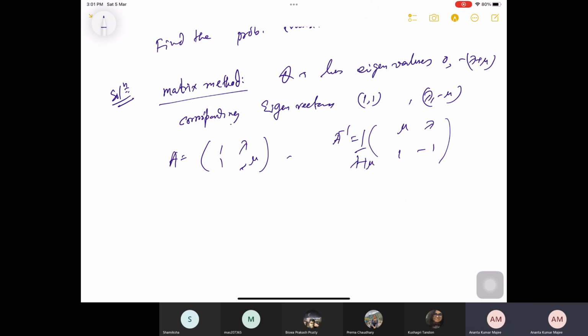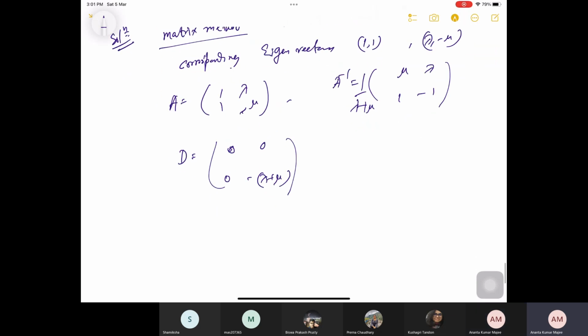Then what is your D now? D should be the diagonal matrix with diagonal entries, which are basically the eigenvalues. So it should be 0 0 and then minus lambda plus mu. Hence, since it has distinct eigenvalues, P(t) should be A D(t) and then A inverse, is it not? What is my D(t)?